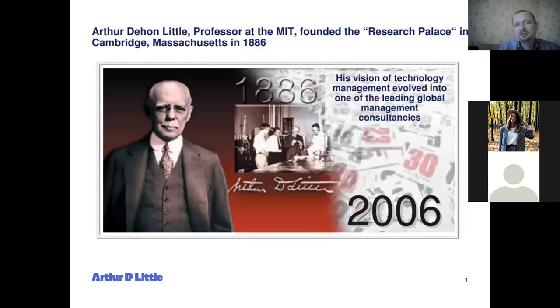First of all, a couple of words about the title of this matrix. This matrix was named after Arthur D. Little, but it's a little bit funny that he was not the person who proposed this matrix. He was the founder of Arthur D. Little company, one of the most famous consulting companies in the world. He was a professor of the first university of the world.